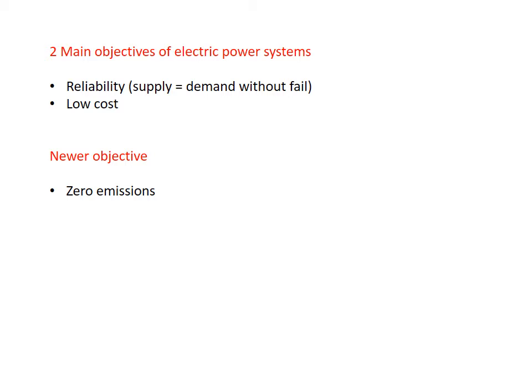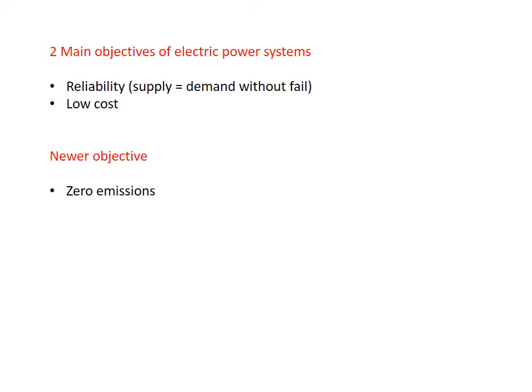And the first is, of course, reliability. So we need electric utilities without fail to constantly balance supply and demand. And the other objective is to do this at the lowest possible cost.